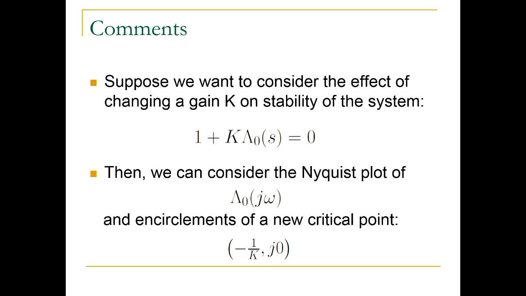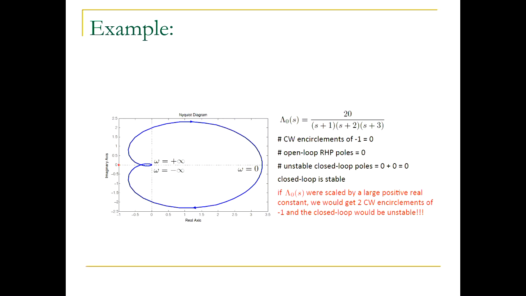It's getting closer and closer to the origin. What happens then? If I scale everything with a large positive K, this critical point will start moving this way, this way, this way, and eventually it will be encircled. Instead, we would get 2 clockwise encirclements of minus 1, and the closed loop will be unstable.